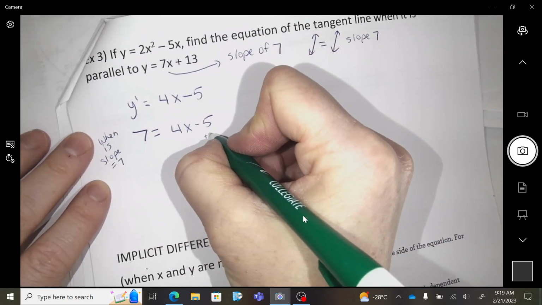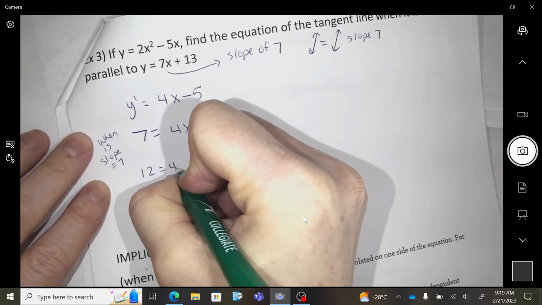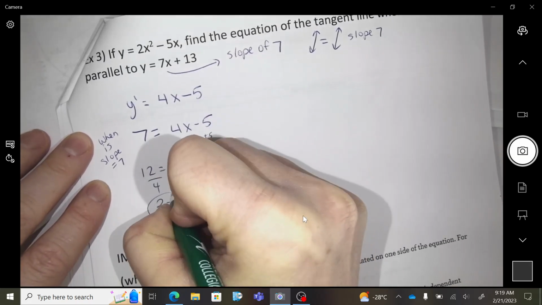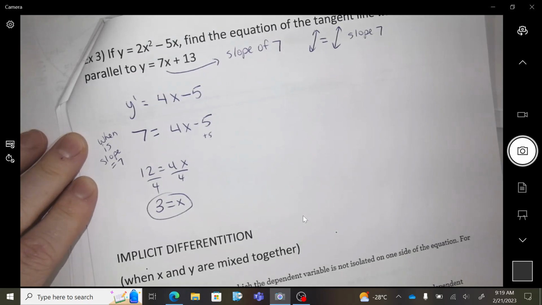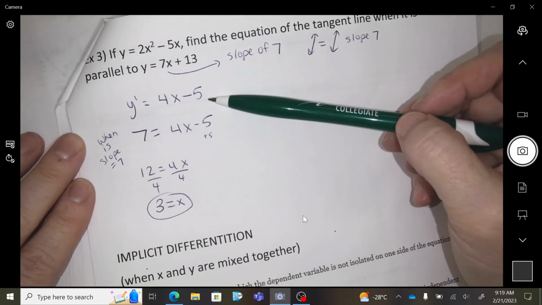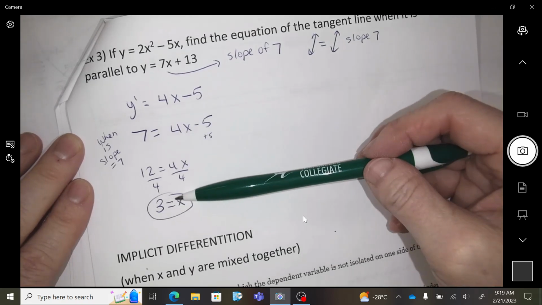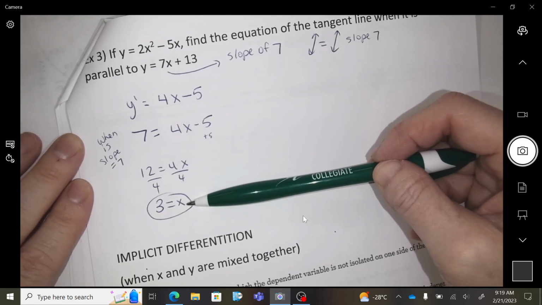So if I add 5, but do you see how I had to derive first? Because I wanted to solve for the slope. Okay, and I'm still, again, missing a coordinate.